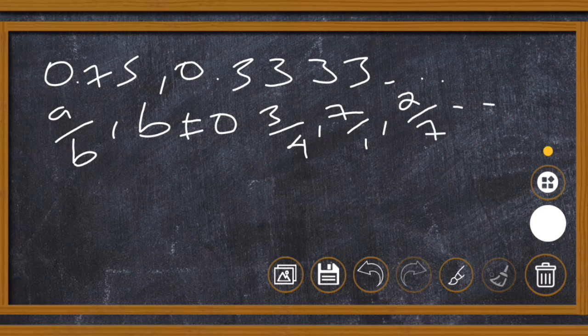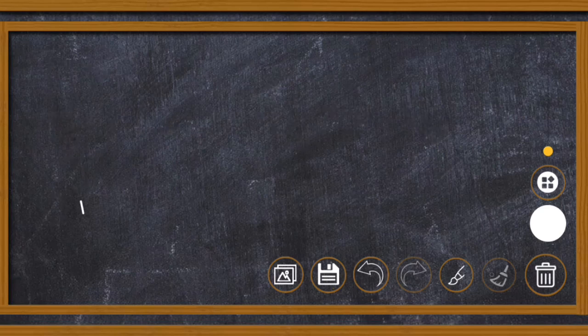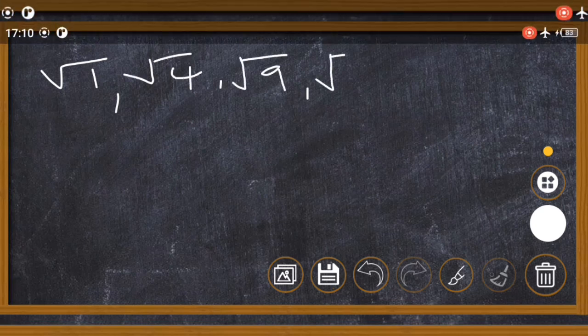Apart from this, even the square roots of perfect squares are also classified as rational numbers. For example, square root of 1, square root of 4, square root of 9, square root of 16.